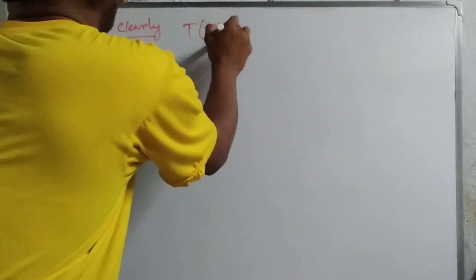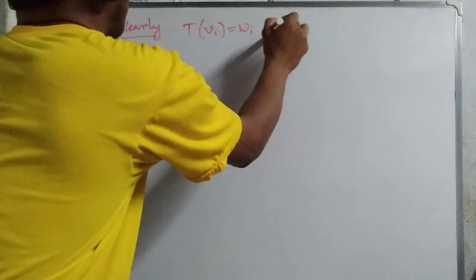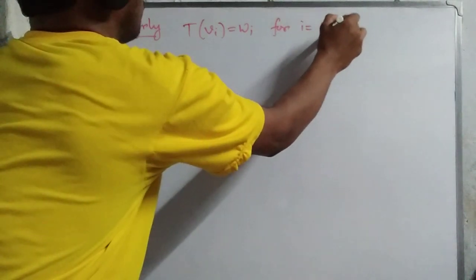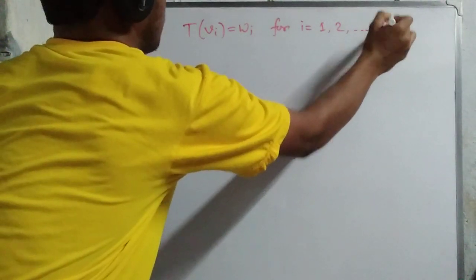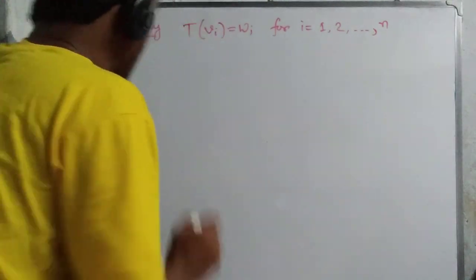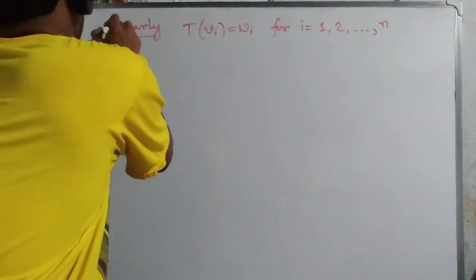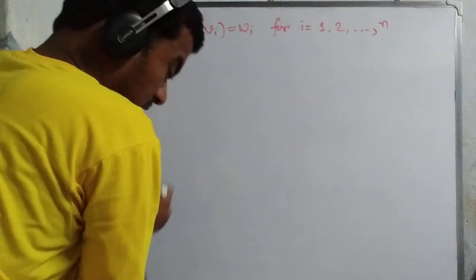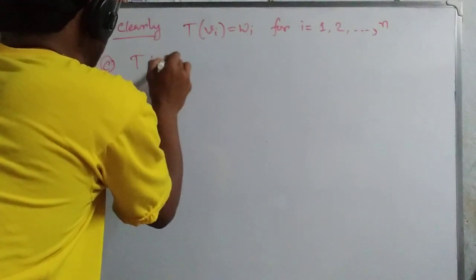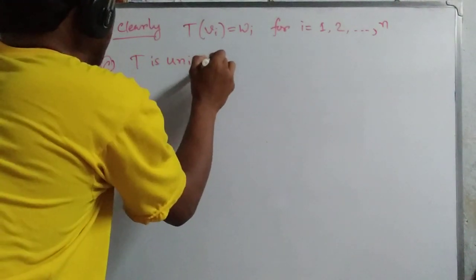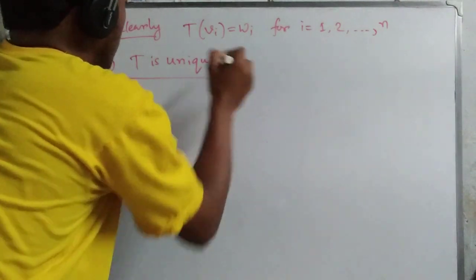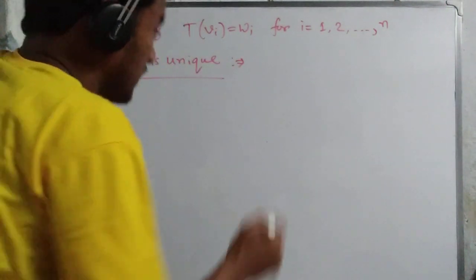Clearly T of vi equals wi for i equal to 1, 2, ..., n. Now we write the option B, that T is unique.